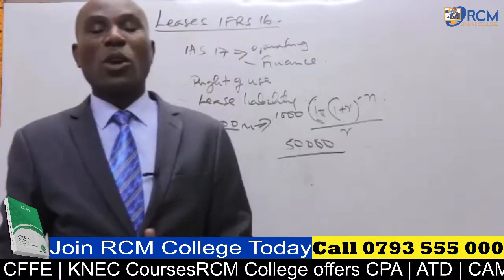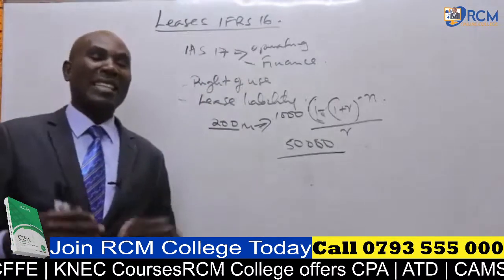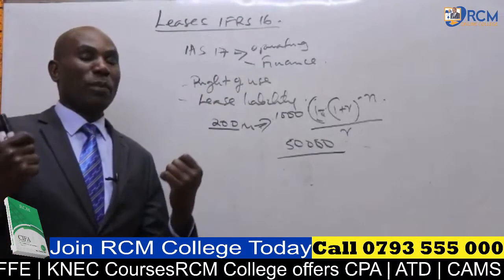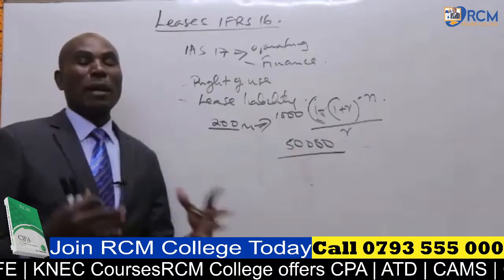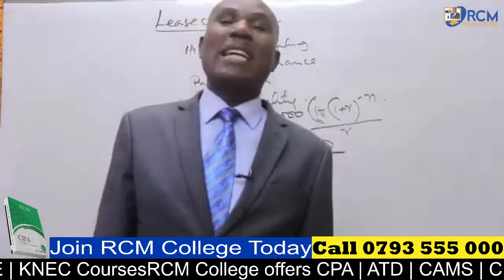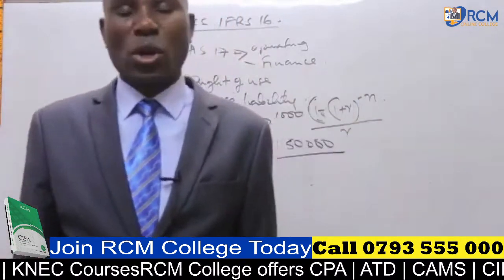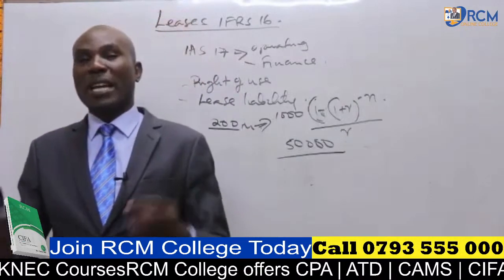And we say that on initial recognition, the right of use will be measured at the amount of lease liability, like this 50 million, plus any initial direct cost incurred by the lessee. And what are these initial direct costs?